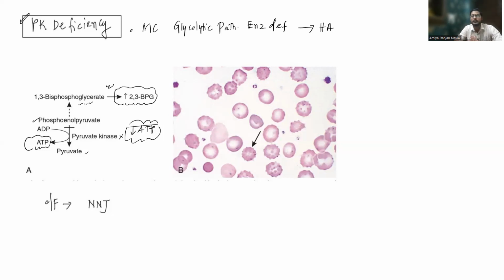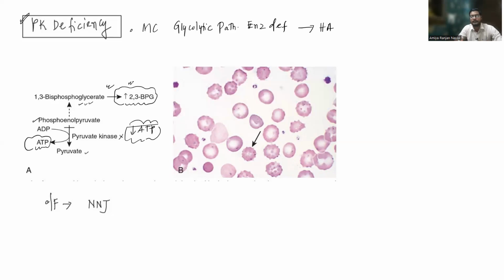What is the function of 2,3-BPG? It will cause rightward shifting of the oxygen dissociation curve. That means it will reduce the oxygen affinity of the hemoglobins. So there will be more oxygen delivery to the tissues. Now, is this good or bad? This is good. This is what we want. We want oxygen to be delivered to the tissues.